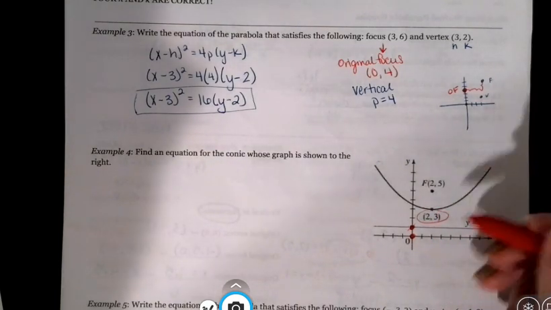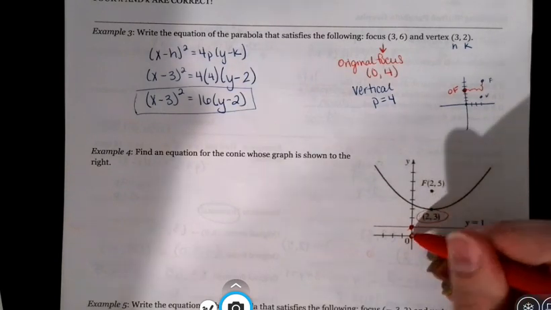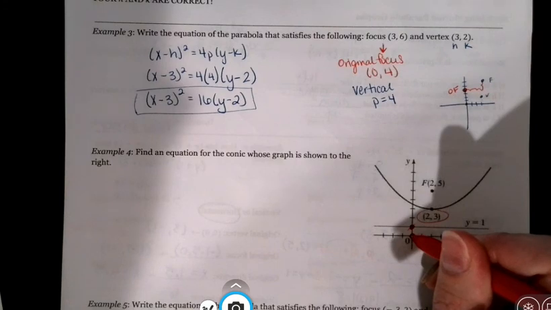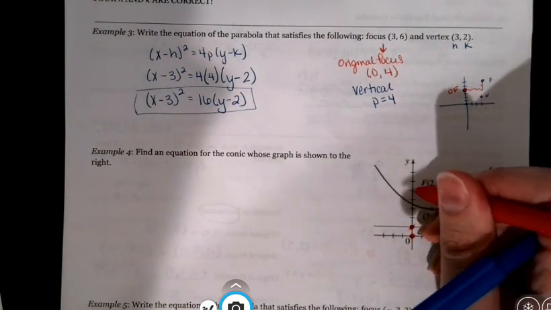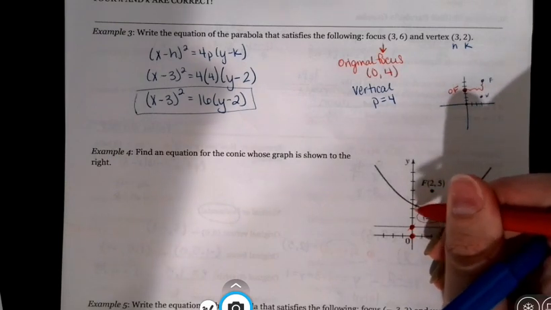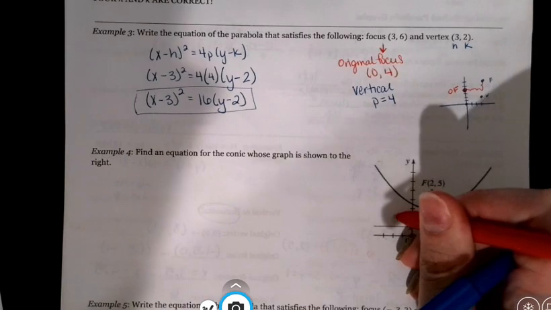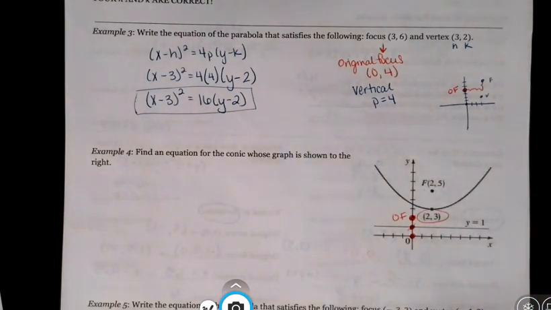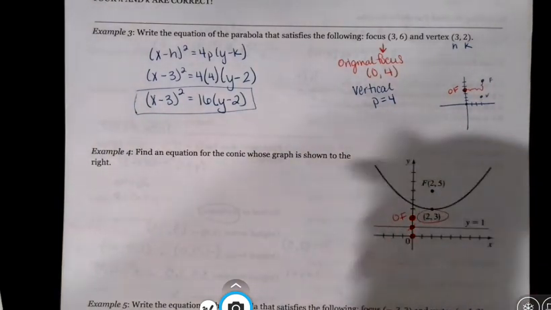So to work backwards, I'm going to go left 2, down 3, I would get back to my original vertex. So from my focus, I'm going to go left 2, down 3, which would be right here, and this would be my original focus at that top red dot. That dot is 0, 2.